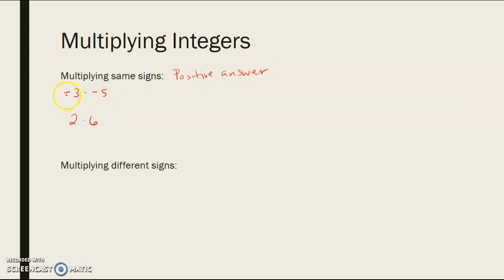So negative times a negative is going to equal a positive, and then 3 times 5 is 15. So -3 times -5 is 15, and 2 times 6, both of them being positive, it'll stay positive and be 12. Now when you multiply different signs, you're going to get a negative answer.